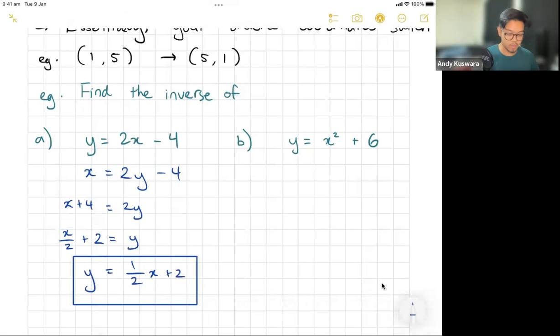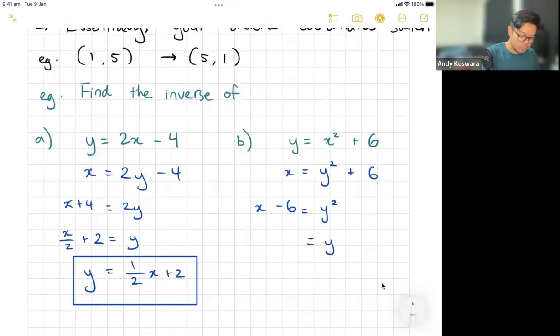Okay, let's try something with powers. That's something a little bit more is going on here. So every time I see a y, I'm going to replace it with x. And then every time I see an x, I'm going to replace it with y. So you're going to get y squared here plus 6. And again, I don't want to leave my equation like this. I want to get y on its own. So again, let's go y squared equals x minus 6, just moving the 6 over.